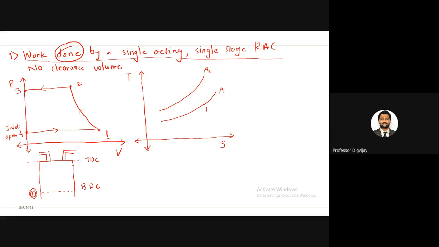Compressing the air means it will move in this direction. Pressure will change from P1 to P2. Okay. So draw these two diagrams. This is the work done, or work required, by a single acting single stage reciprocating compressor with no clearance volume.